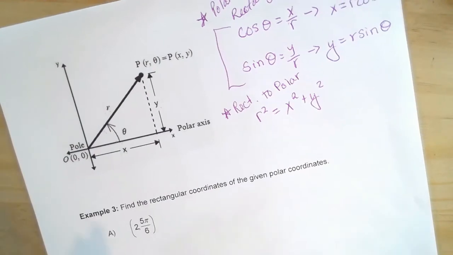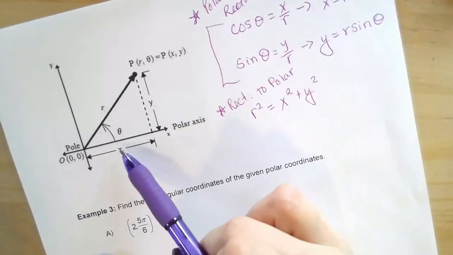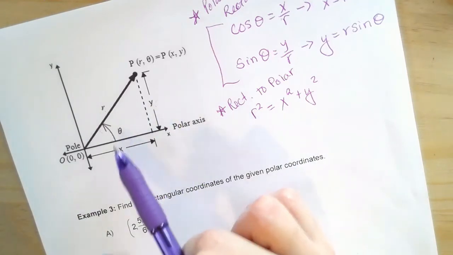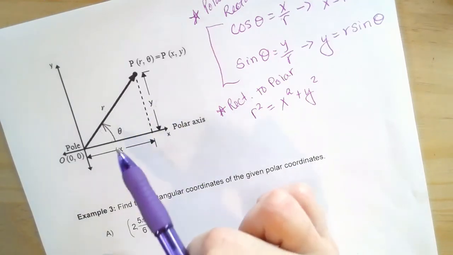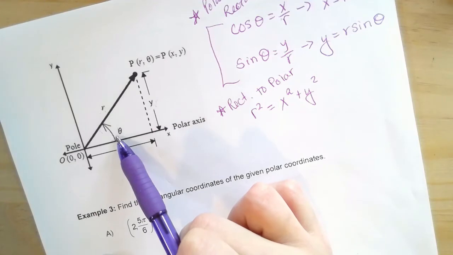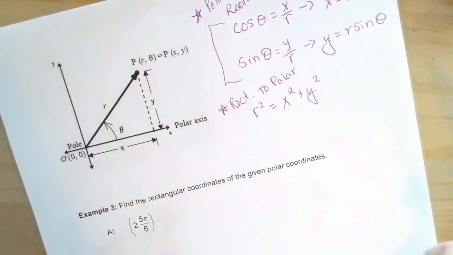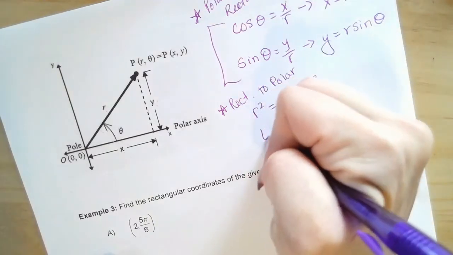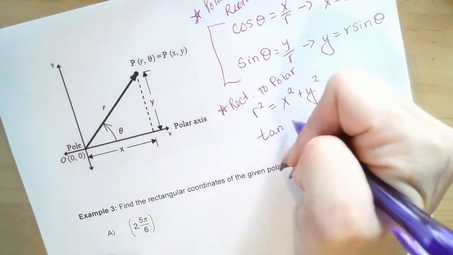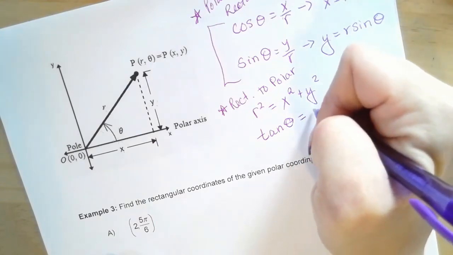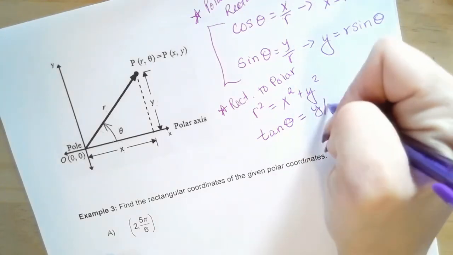Now, how do we get theta? Well, if you remember, we have an x and we have a y. So how can we get theta? X, y, theta. Opposite? Adjacent? Well, what's opposite and adjacent? Tangent. So tangent theta equals y over x.